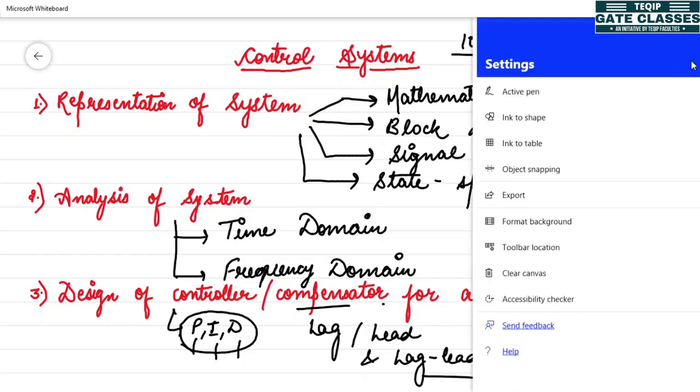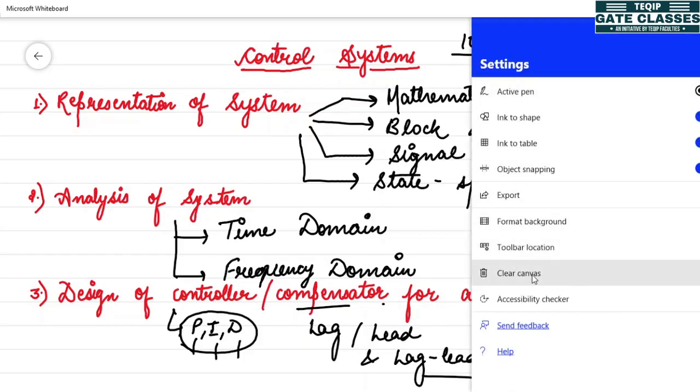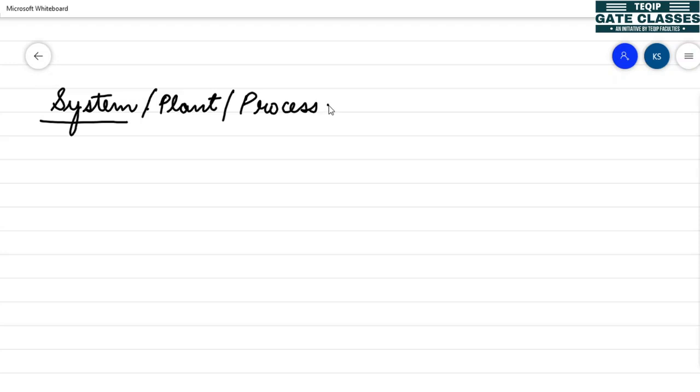Now we will discuss some of the basic terminology in control system. So let us discuss what do you mean by a system. Or we can say system as a plant, and you will find in some cases it is also represented as process. So all these can be termed as same.